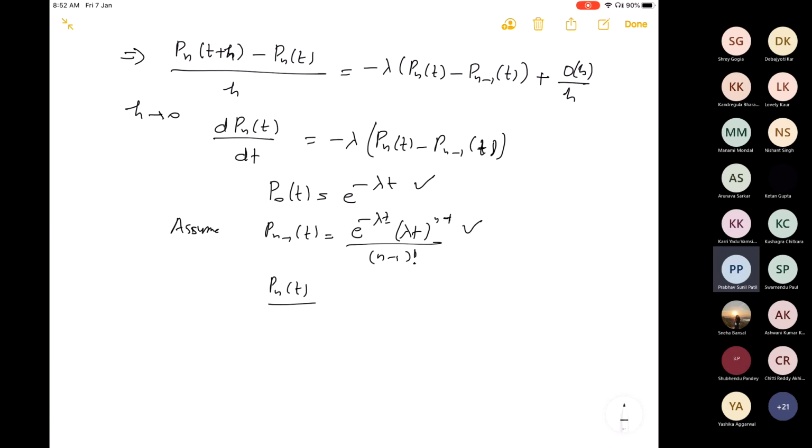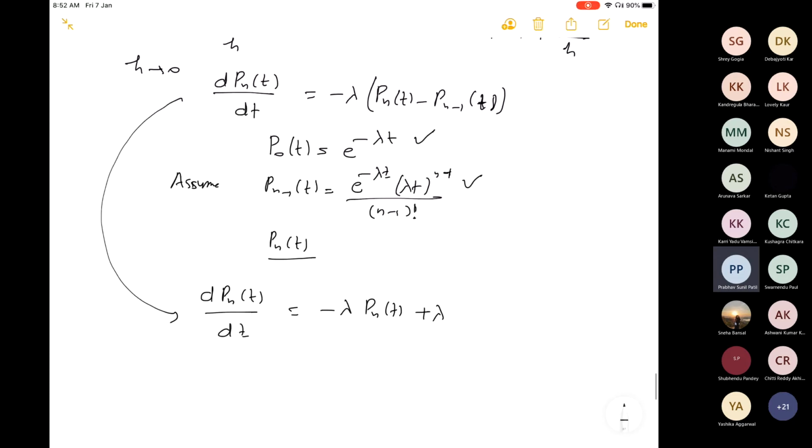So therefore we will get dPn T upon dt from this equation is minus lambda Pn T plus lambda e raised to power minus lambda t, lambda t raised to power n minus 1 upon n minus 1 factorial.